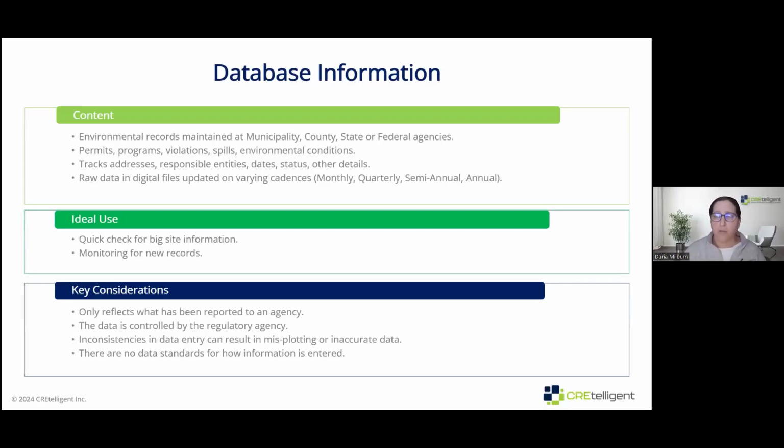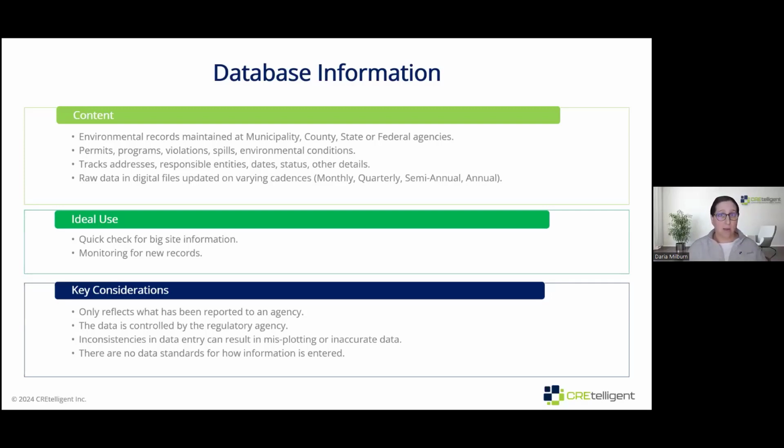There's no agency to oversee all of the environmental agencies to say, you all have to do this the same way. That being said, all that information is entered into raw data files, and they're updated on varying cadences. So depending on the agency themselves, they might update that information publicly on a monthly basis, quarterly basis, semi-annual, or annual.